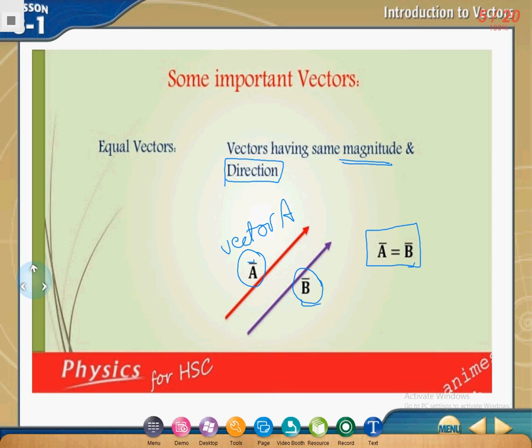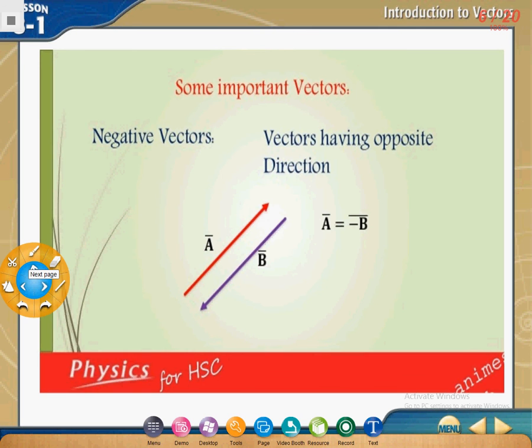Can you see? Of course, they're both in the same direction, and they have the same length. So we call these equal.